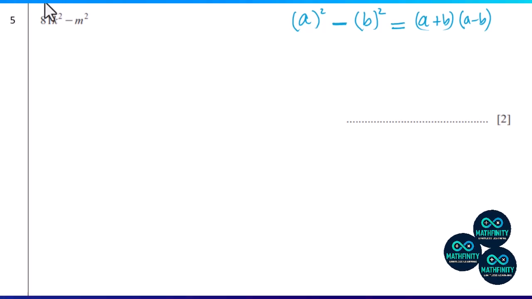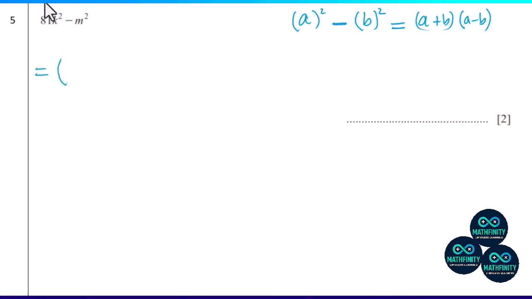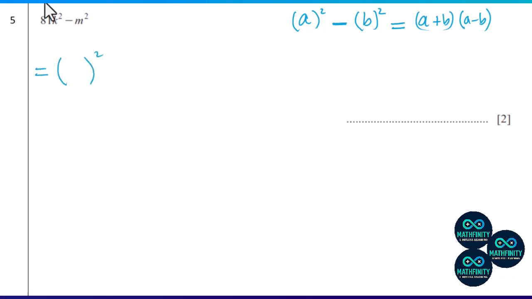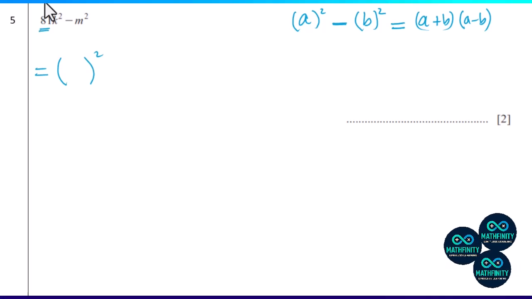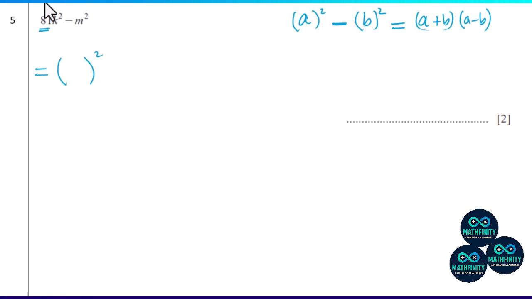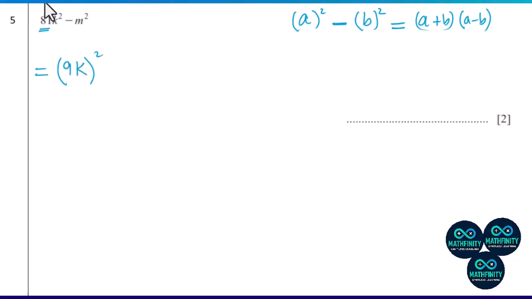Okay, let us do this one. What do I have to write inside the first bracket? 81. So you have to think what two same numbers, when you multiply them, give 81. 9 times 9. So we can close 9k in the first bracket.